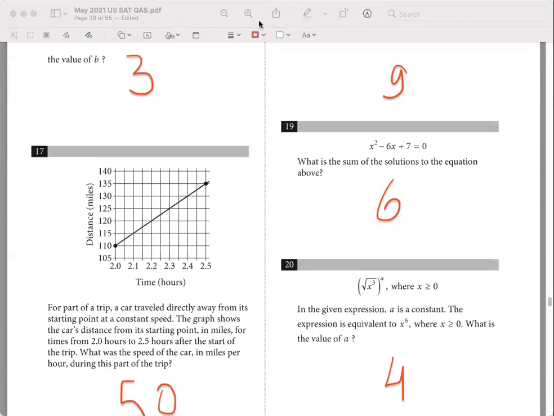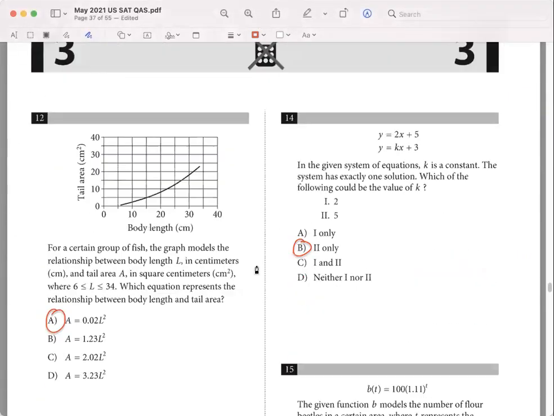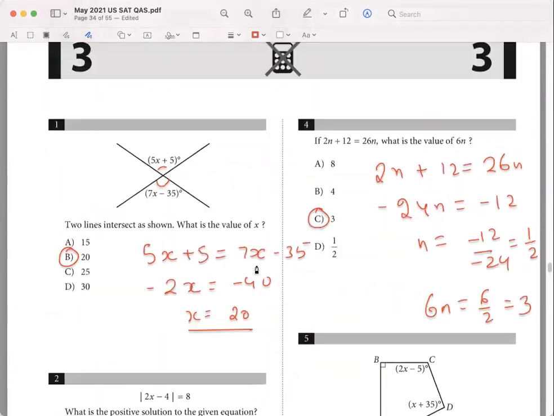Okay, here it is. So let's grade this and go to the first page.